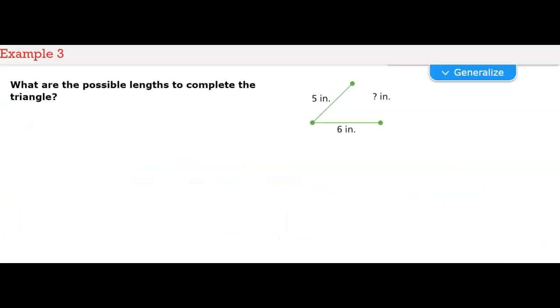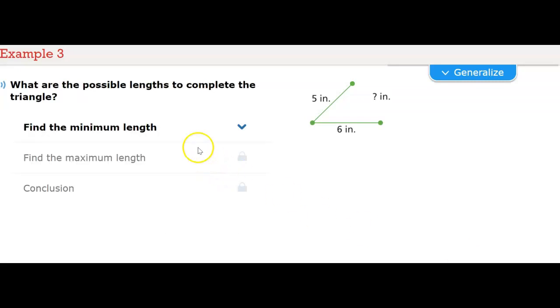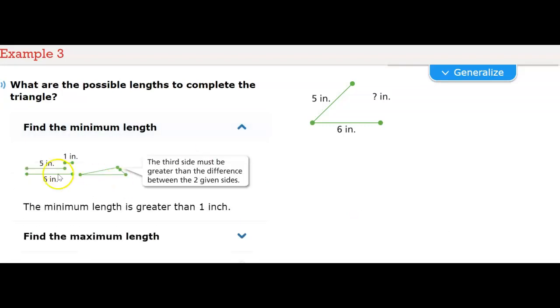What are the possible lengths to complete the triangle? So we're going to find the minimum length. And so we have 5, 6 inches. And the third side must be greater than the difference between the 2 sides. So we have 1 inch remaining to make them at least equal to each other.